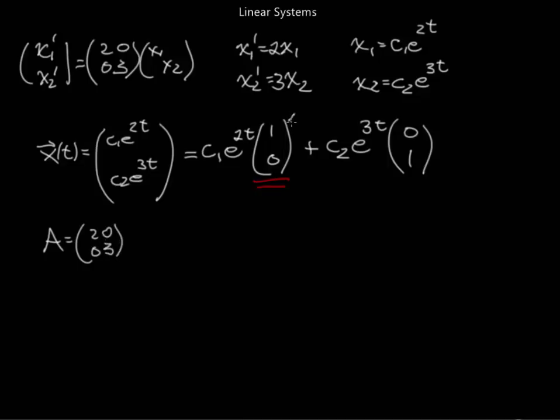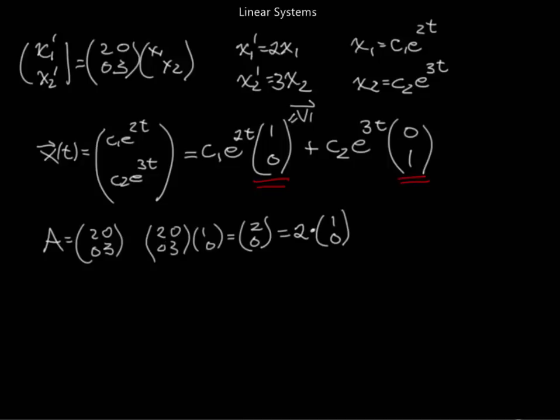I want to point out that this vector 1, 0 satisfies the following property. If you take the matrix A, A times 1, 0 is the vector 2, 0, which is to say it's 2 times the original vector. The matrix A takes this vector to 2 times itself.